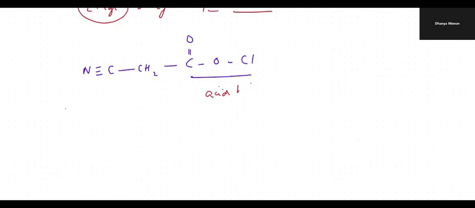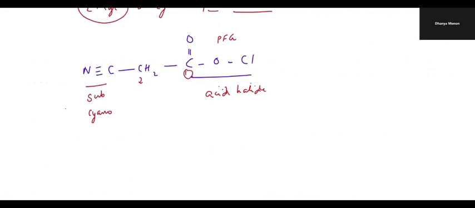Coming to the next question, you can see this is an acid halide. It is acid chloride because there is a chlorine halogen. Now this is cyanide, so definitely it is the substituent compared to acid halide. So if it is a substituent, we use the prefix cyano. Okay, so numbering from the primary functional group, which is acid halide, giving the carbon number 1 position and number 2 position over here.